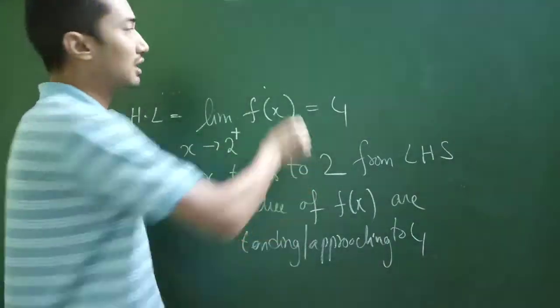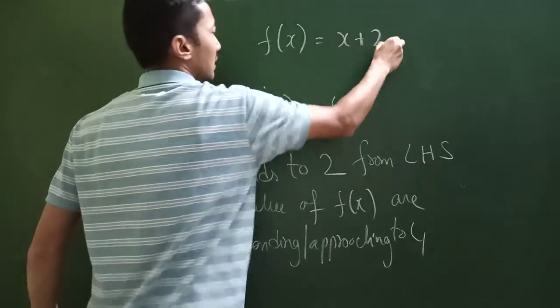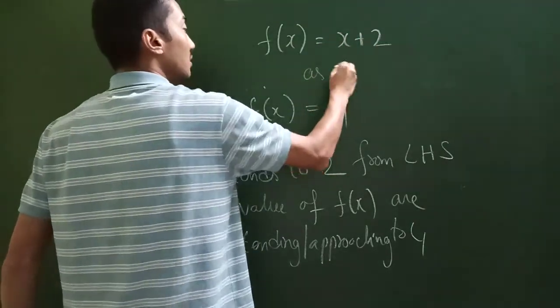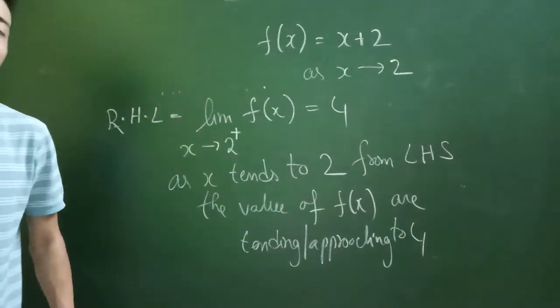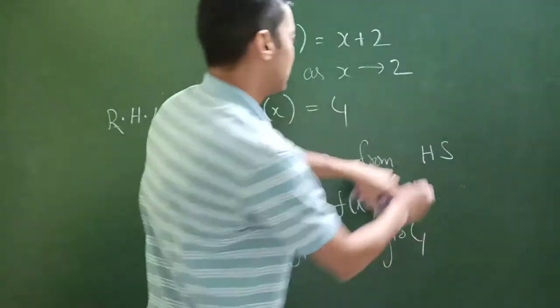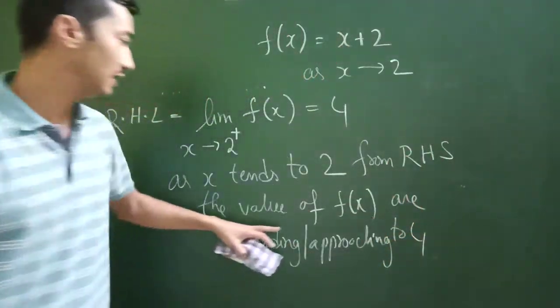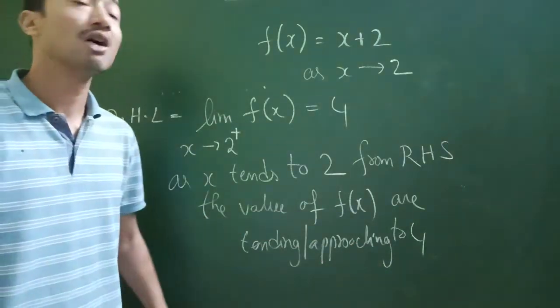Remember, this 4 actually came from the function, not every time 4. We were trying to find out what happens to the function as x tends to 2. So as x tends to 2 from the right hand side, the values of the function are tending or approaching towards 4.